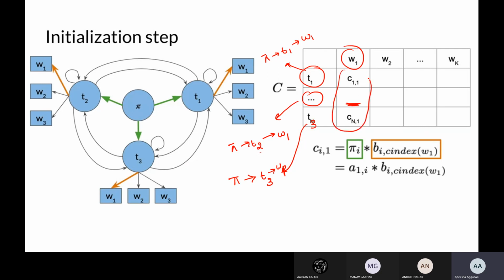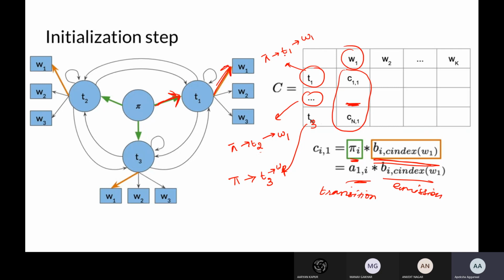So calculating the initialization step is the easiest one. How do we calculate that? This is pi multiplied by this value. This value is the emission probability, and this value is the transition probability. So the transition probability from pi to T1, and T1 to W1, which is emission.